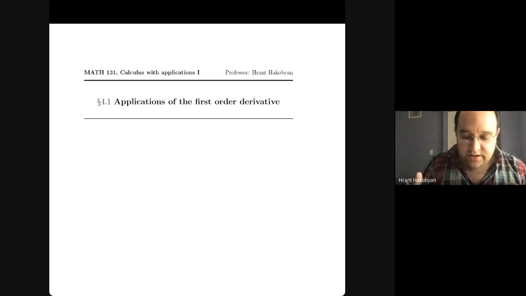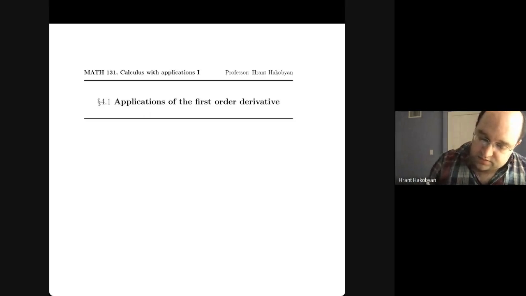Okay, so today maybe we'll start looking first where the functions are increasing or decreasing. So let's start with the definition, okay?